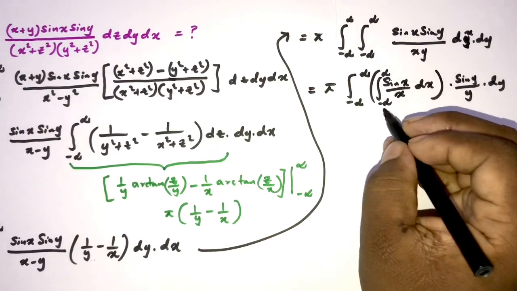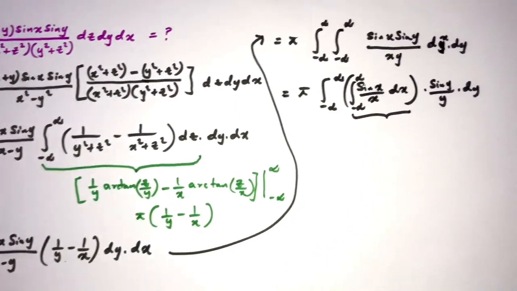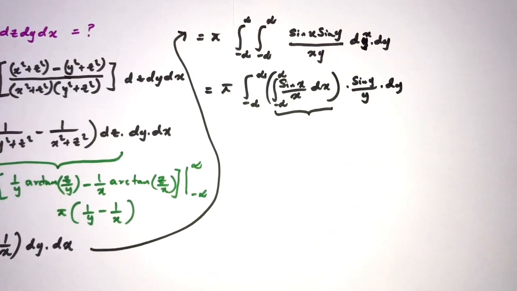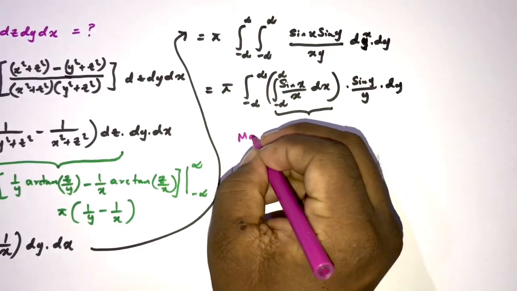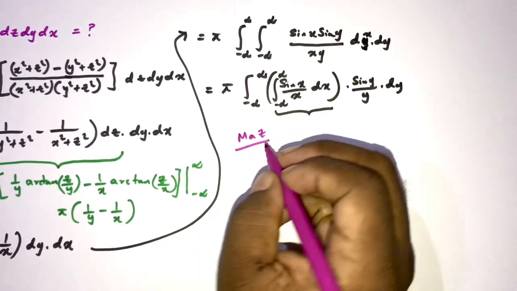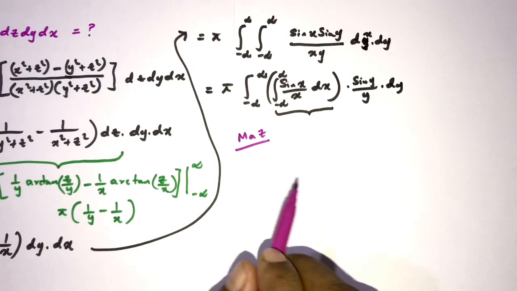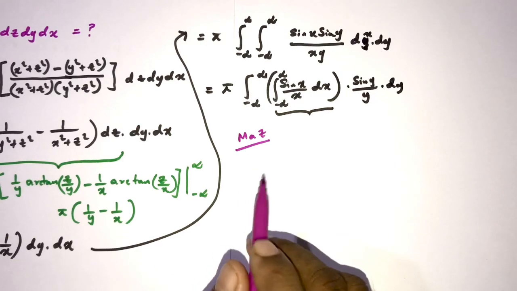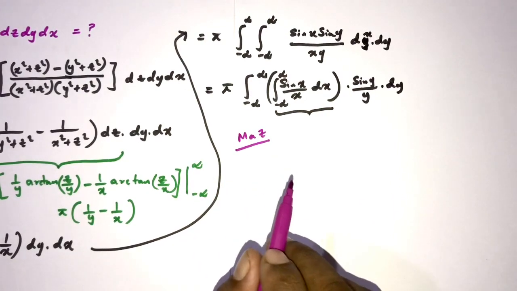Okay, now here we have another interesting integral, and we have a shortcut to evaluate that integral, Mass identity. I created many videos about Mass identity. If you like to watch, I will add the link in the description, and also you can search in YouTube.